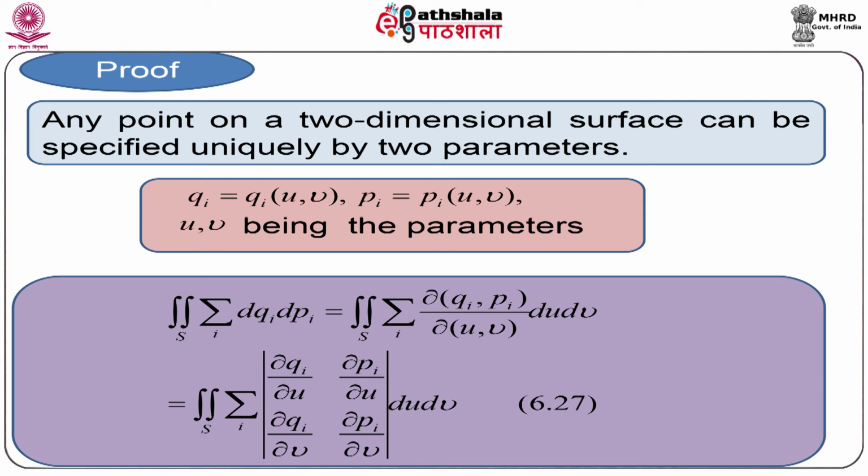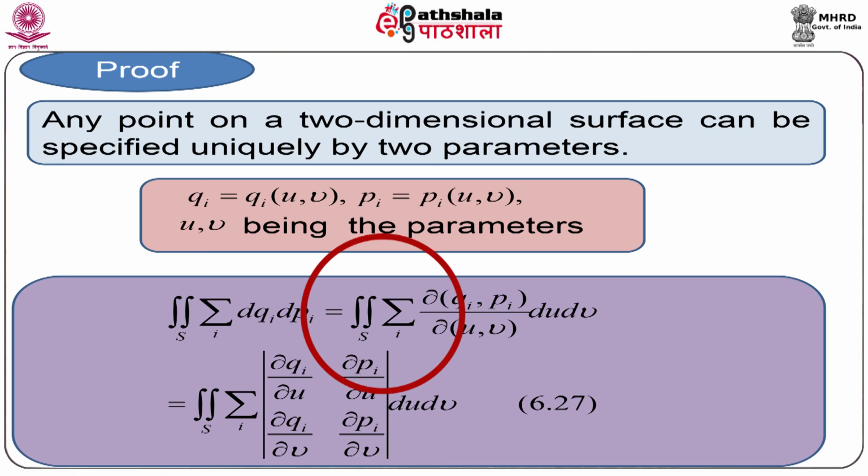Now, double integration over S summation over i dqi into dpi can be written as double integration over S summation over i Jacobian of qi comma pi with respect to u comma v into du dv.